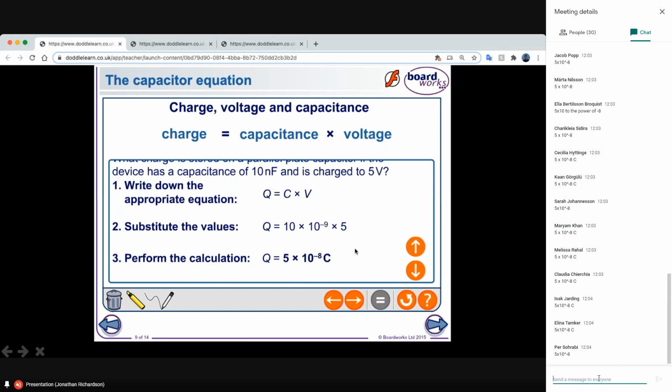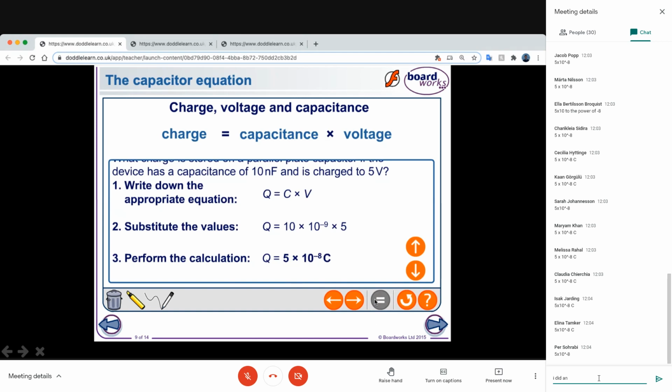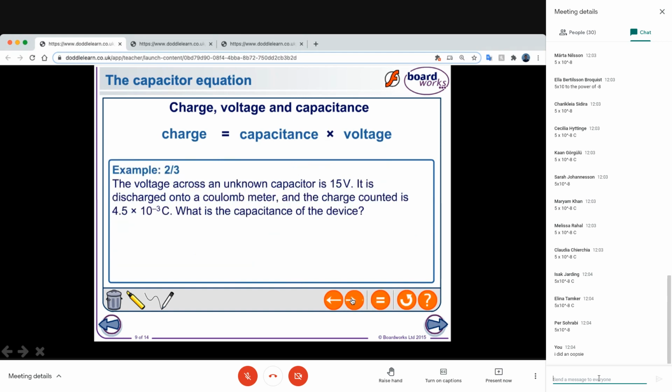Be careful, Charlie. You are correct to use the units, but just be careful. It's 50 times 10 to the -9 coulombs. So 5 times 10 to the -8 is equivalent to 50 times 10 to the -9. No problem. We all do.